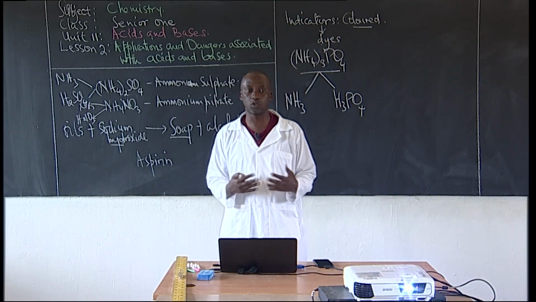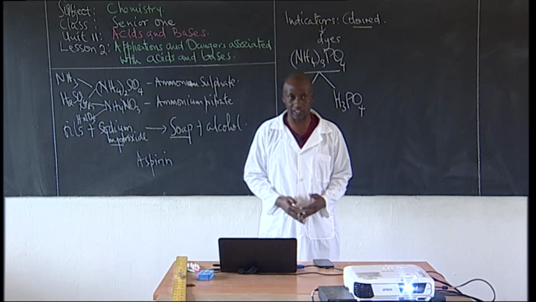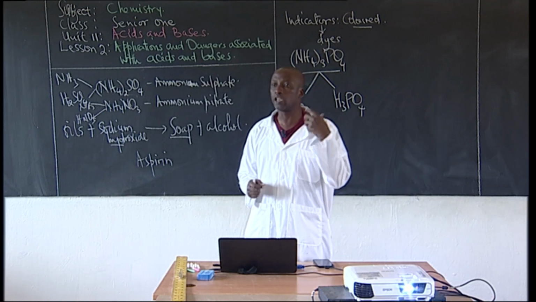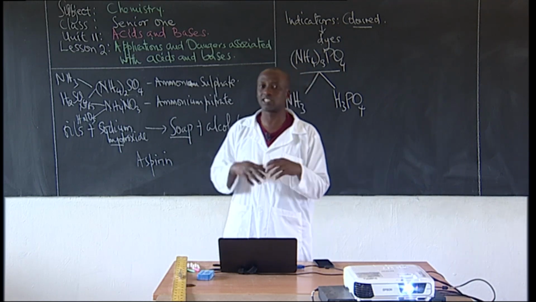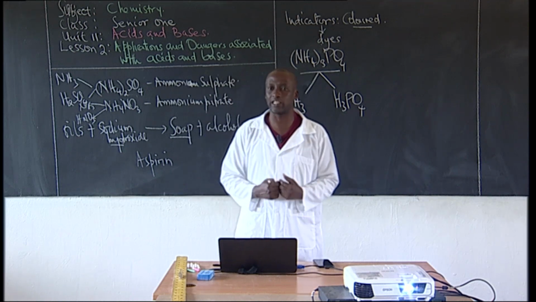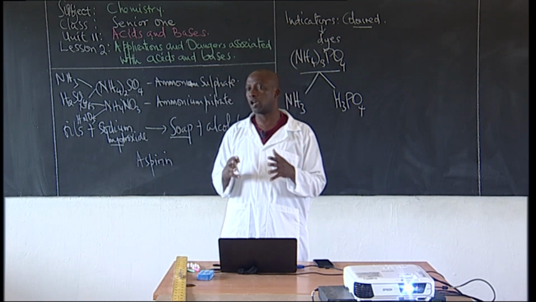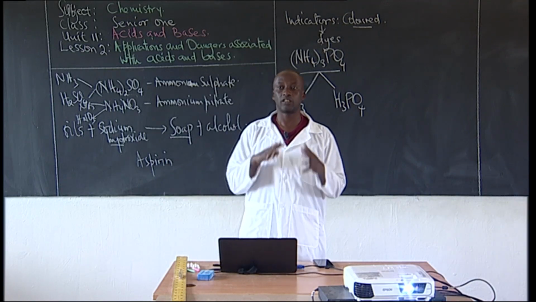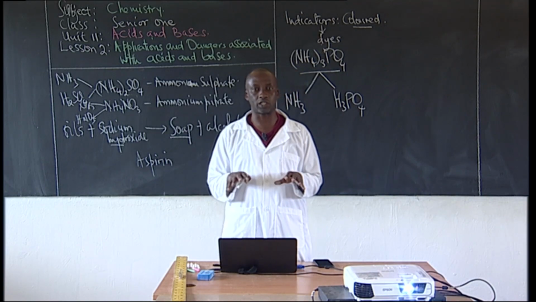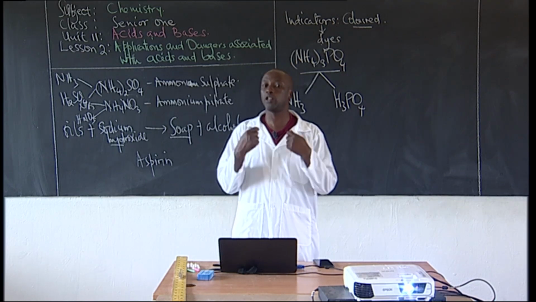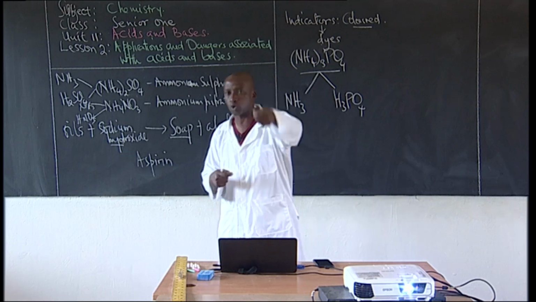Methanoic acid is used in kettle descalers. When you are boiling water in a kettle, certain substances accumulate, and they look like rust inside the kettle. Those substances are bad conductors of heat, and for that reason the water you are boiling takes longer.